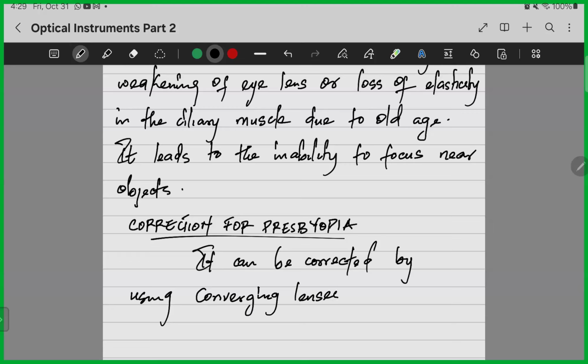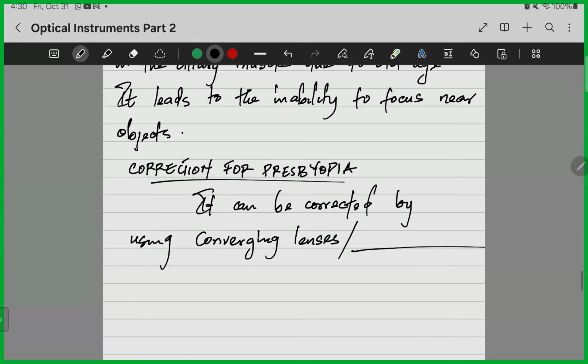Just to make sure you're active in class, I will give you 1 minute to go and tell me another name for converging lenses. Go to your previous part of your notes.